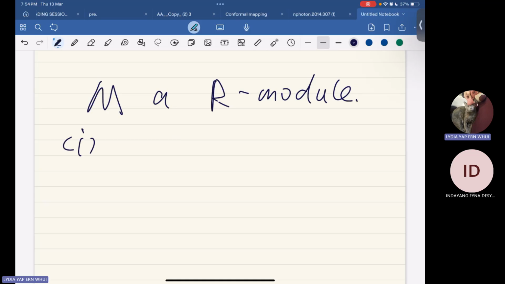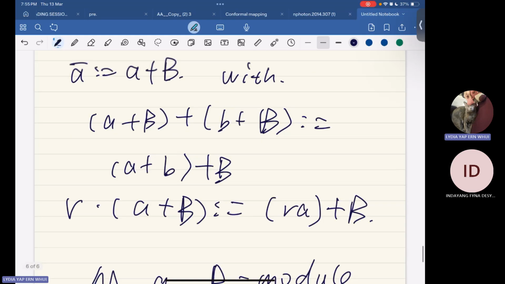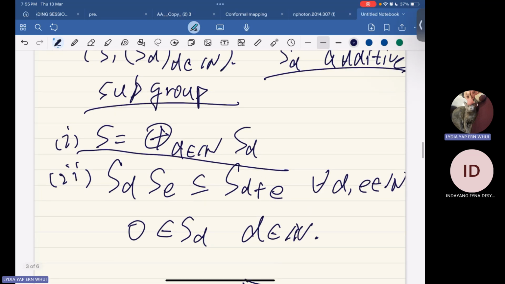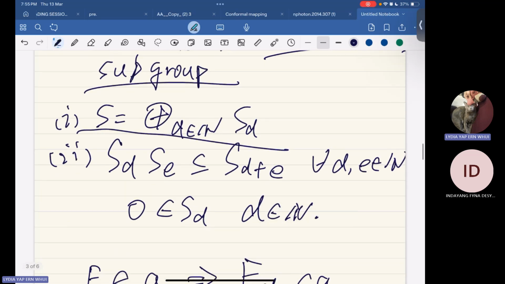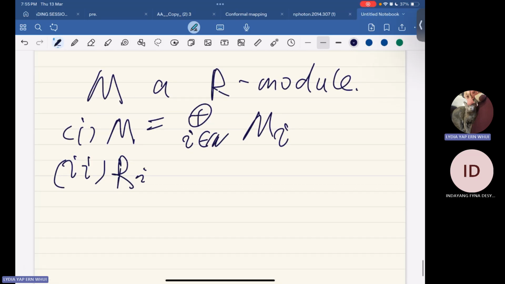Then we call M a graded module if it satisfies, first, M equals the direct sum of the M_i, and second, in our graded ring definition, S_d S_e belongs to S_{d+e}, and here it becomes R_i M_j lives in M_{i+j}.